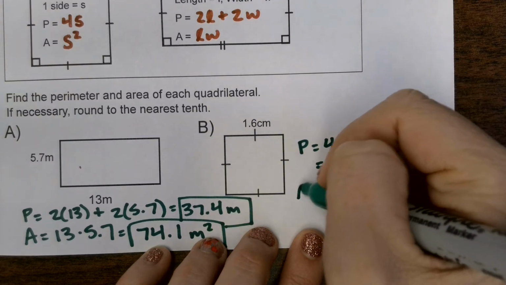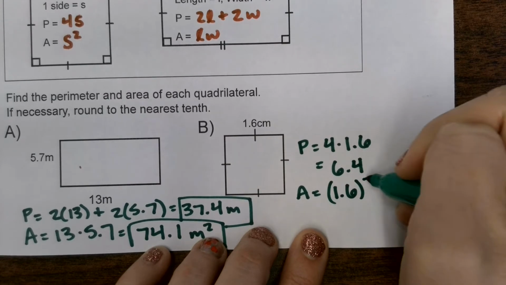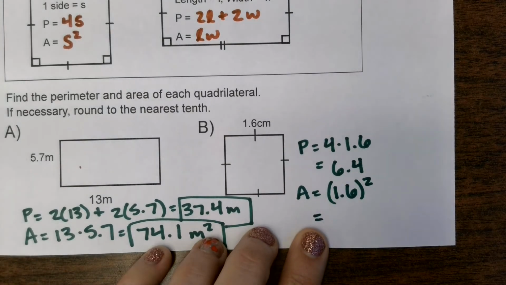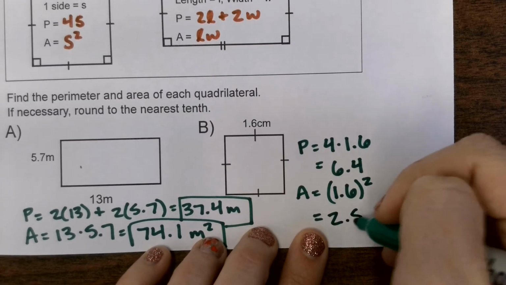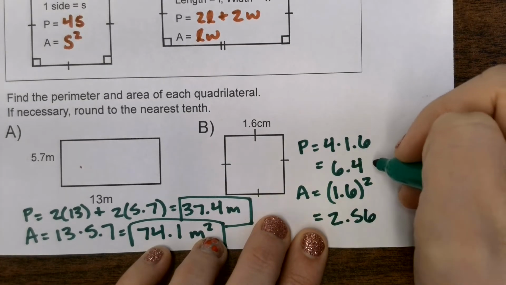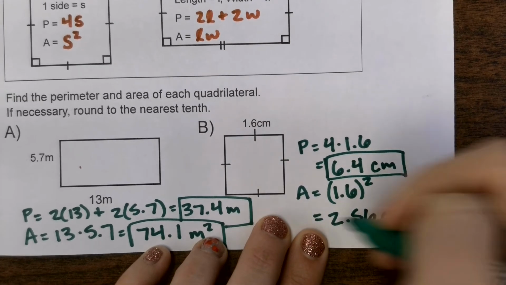And then for our area, we've got our side squared, technically length times width, but our length and our width are the same. And I got 2.56. So this guy would be in centimeters for your perimeter, and then in centimeters squared for your area.